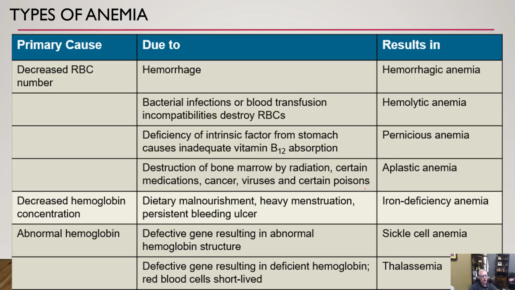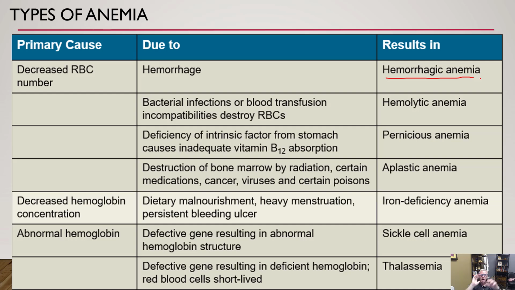All right, so we talked about anemia, and I said that we have several different types of anemia. So here you can see, basically hemorrhagic anemia. Remember, anemia is either low red blood cells or an alteration in hemoglobin.